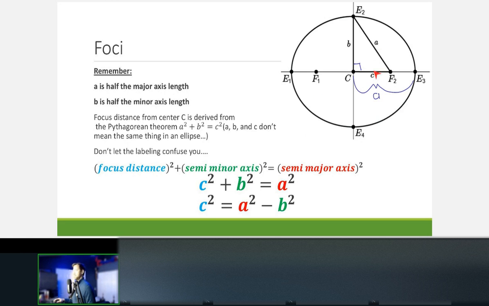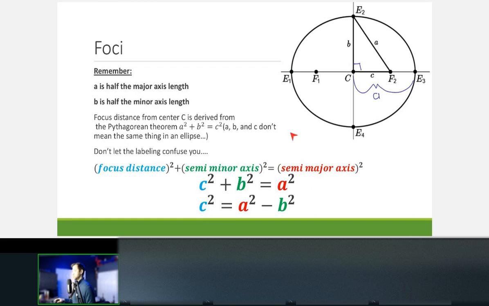So in the Pythagorean theorem, we have the side A, which is actually our labeled C, the focal distance. So we have focal distance squared plus your semi-minor length squared is equal to the hypotenuse squared, which is our semi-major axis length, A. So we replace the names just to show it's c squared plus b squared equals a squared.